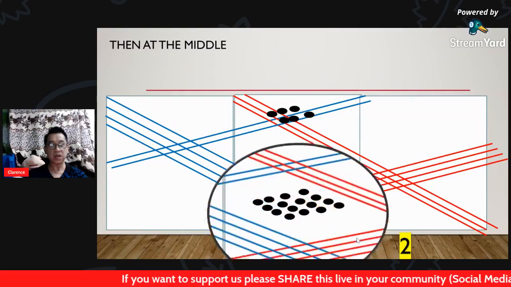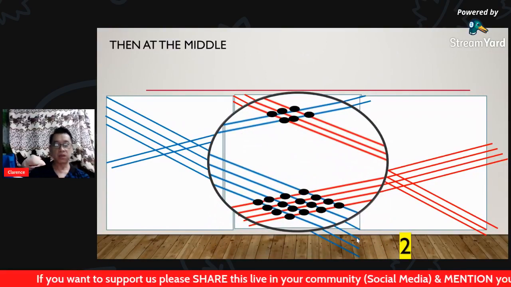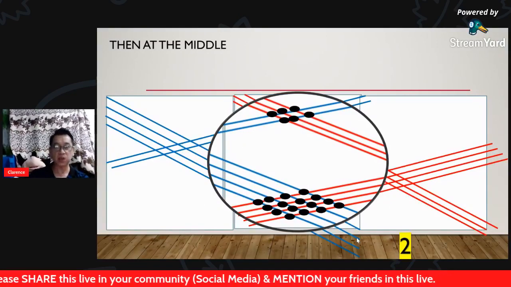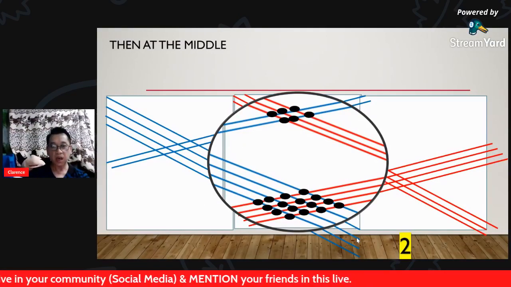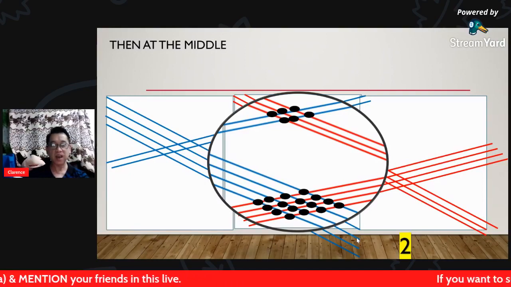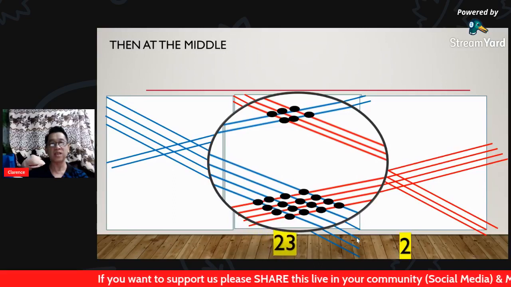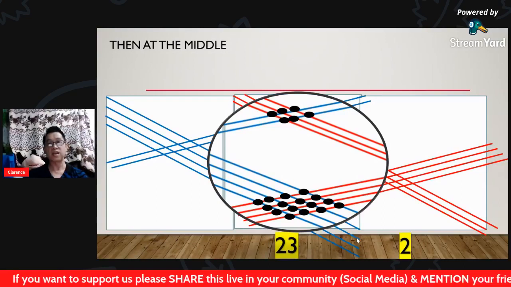Okay, then at the middle, we just count the intersection again. The upper intersection, we have 6. And the lower intersection, we have 2, 4, 6, 8, 10, 12, 14, 16. So 16 plus 6 is 22, plus 1 is 23.